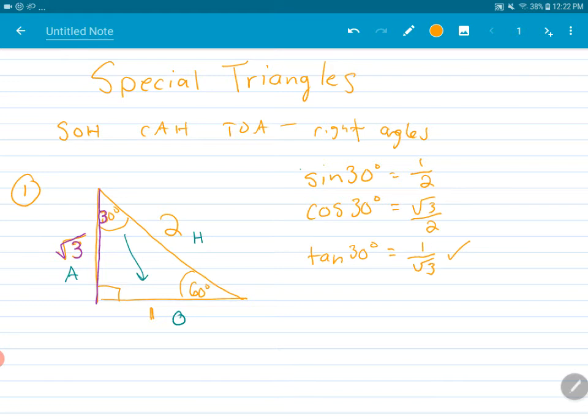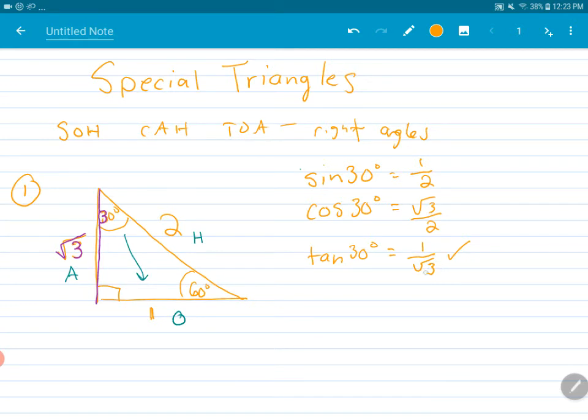One little thing I want to show you here is that this is technically correct, but a lot of the times in your textbook and going forward, usually in math, you don't really like having the square root, the radical, in the denominator. I don't know why, it's really just a formality, but you might see it in your textbook. It's kind of like how, in grade 9, you learn that you don't really want the negative sign in the denominator. You want to bring it up to the top or off to the side.